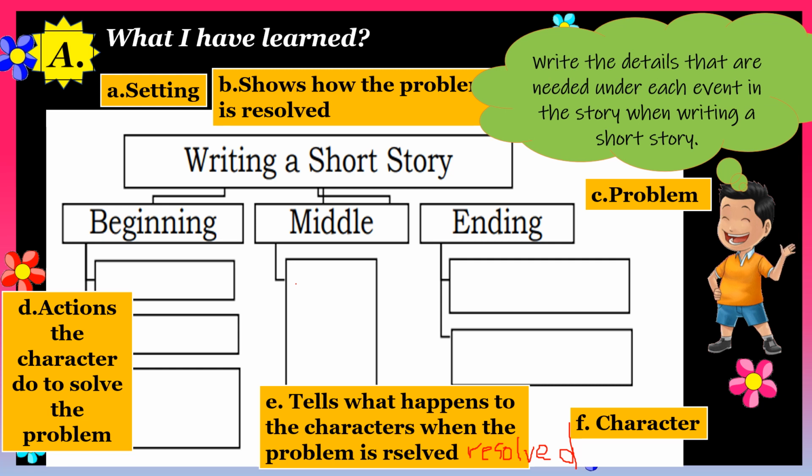Now, in writing a short story, what do we need in the beginning, in the middle, and in the ending? So first, where does setting go? Very good. That's under beginning. How about letter B? Shows how the problem is resolved.